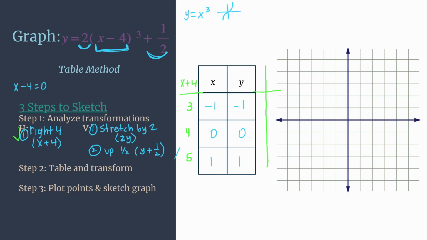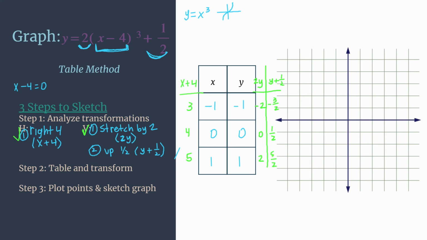So we know we first stretch by 2, or multiply all the y's times 2. And then from there, we're using that intermediate column now. We've taken care of the stretch. Now we move up 1/2, or just add 1/2 to those y values. So we know we'd have -1.5 or -3/2, 1/2, and 2.5 or 5/2.